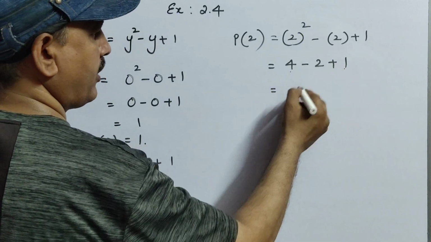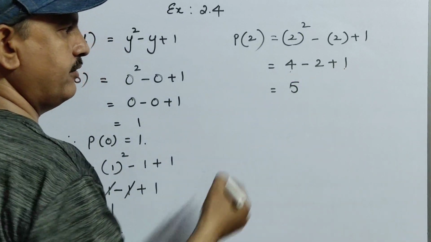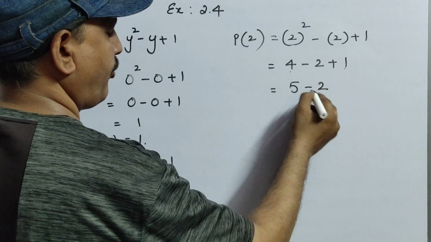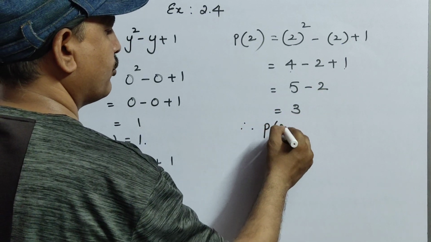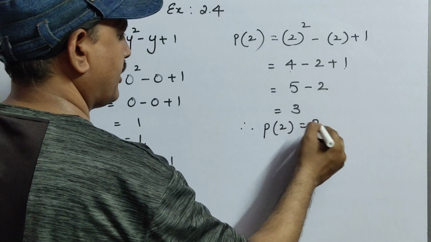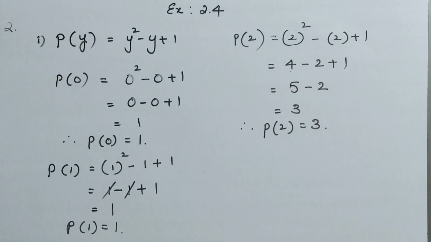Now 4 plus 1, because both are positive, is 5, minus 2. So 5 minus 2 is 3. Therefore, p of 2 equals to 3, children. Okay? P of 2 equals to 3. So is it clear now, the first question? Okay, children. Now see the third question here.